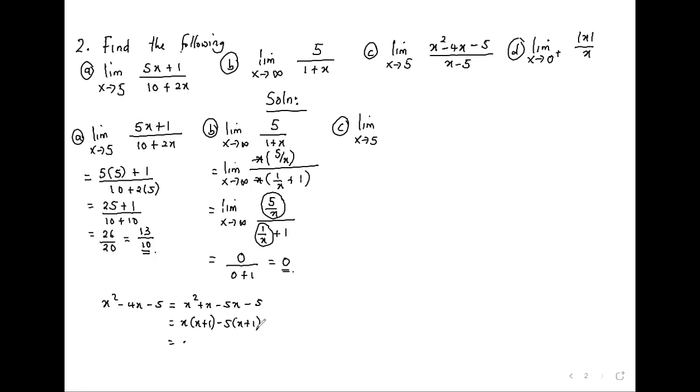So now we get x plus 1 multiplied by x minus 5, over x minus 5. So this and this will cancel. Then we have the limit as x goes to 5 of x plus 1, which is 5 plus 1, which is 6.